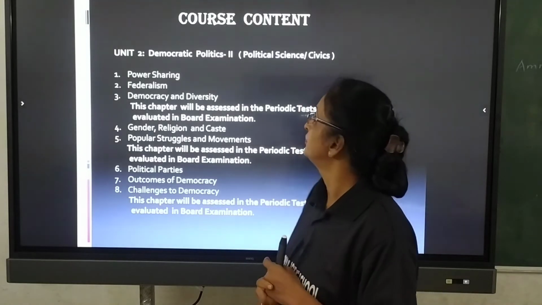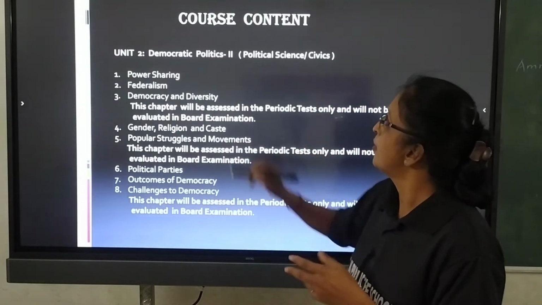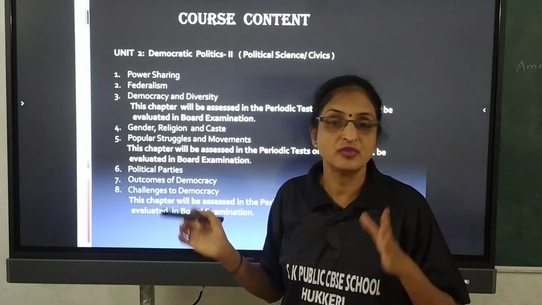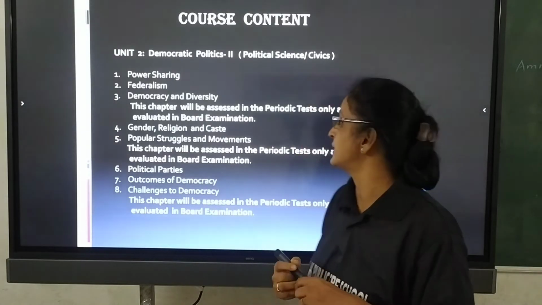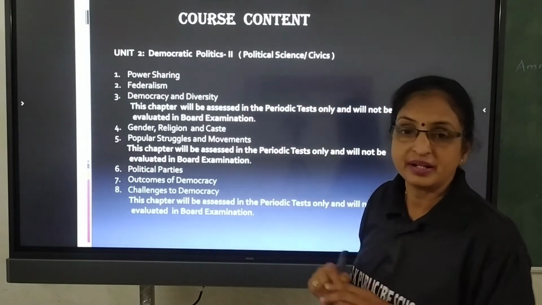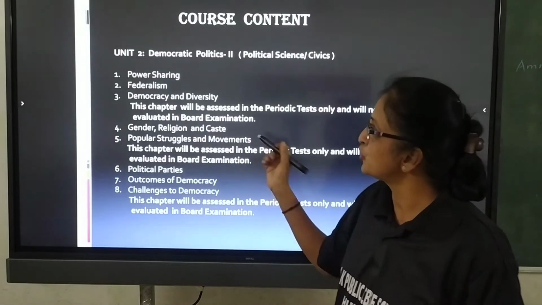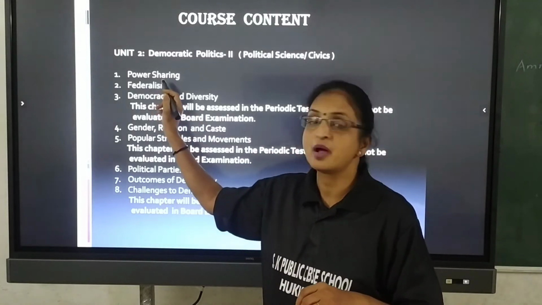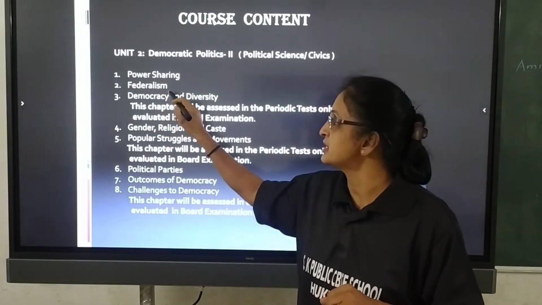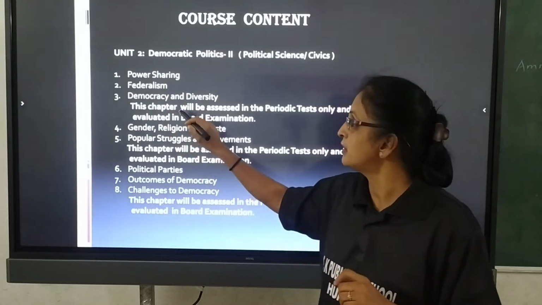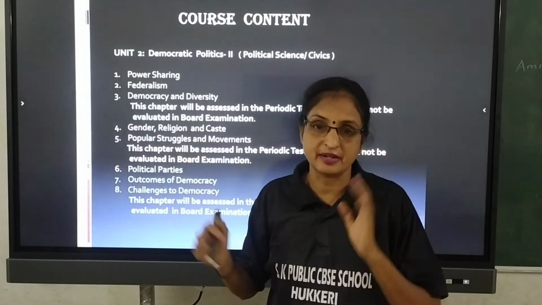Unit 2, that is Democratic Politics Part 2, which we call Political Science and even Civics. Here the first chapter is Power Sharing, second is Federalism, third Democracy and Diversity.